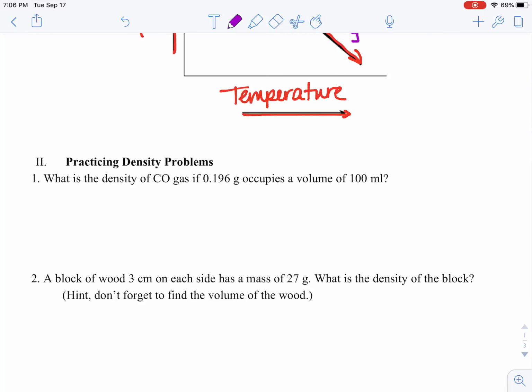So I mentioned that density is a compound or a derived unit, which means that it's actually multiple units of measure combined together to show a relationship. In the case of density, we're comparing mass and volume of the same substance.